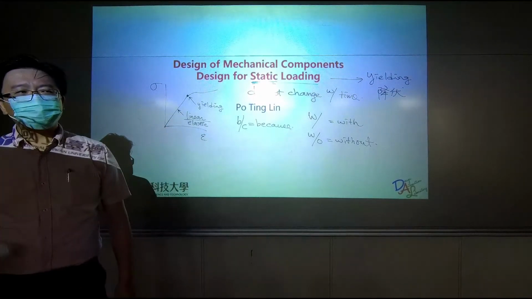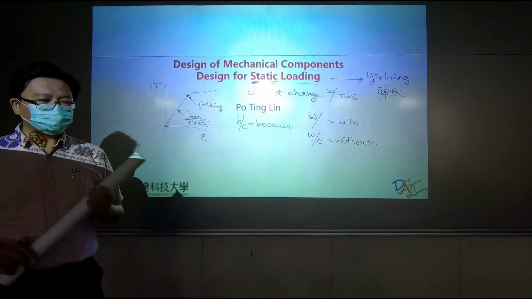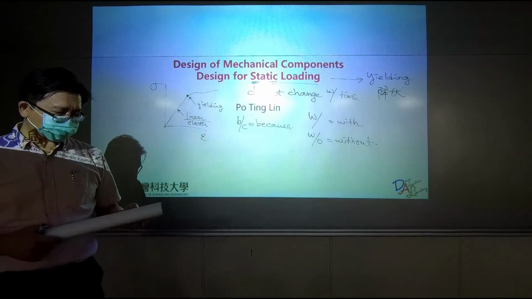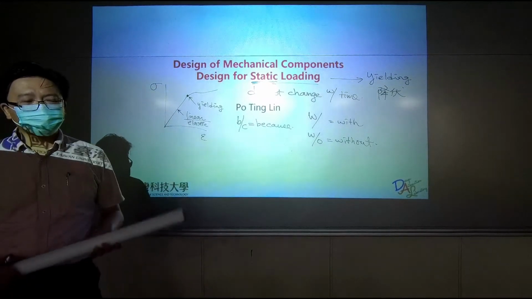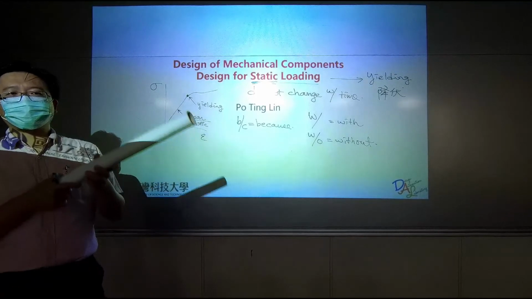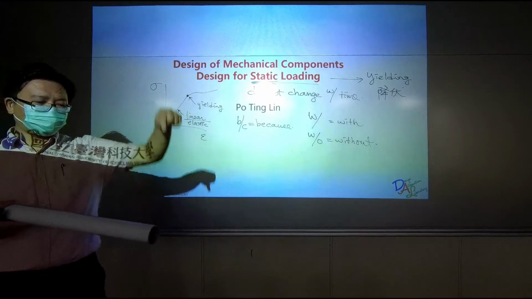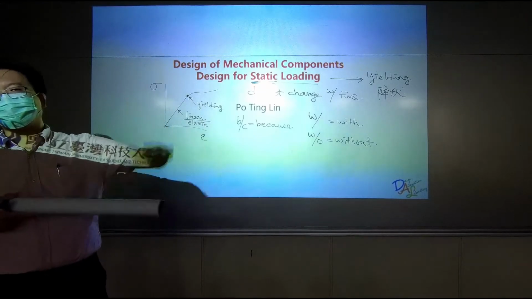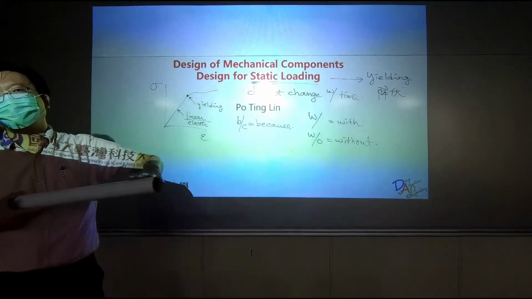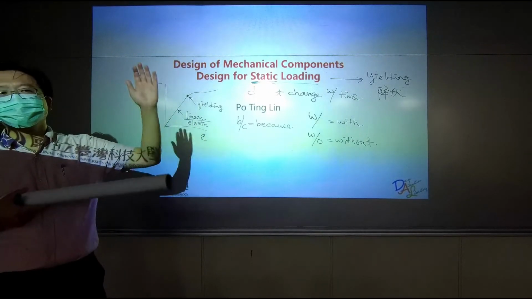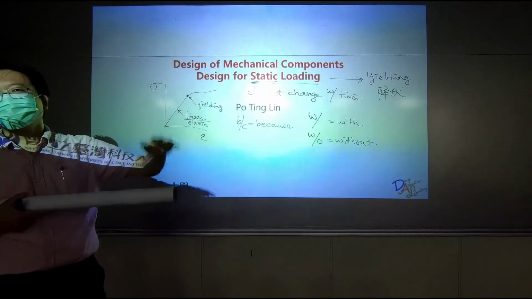Let me explain more about the other cases before I move on to the next slide. What if the load is not static? What if it's a dynamic load? For example, I apply a force, take it off, and then apply a force again. I do this 10,000 times, 100,000 times, or even 1,000,000 times.